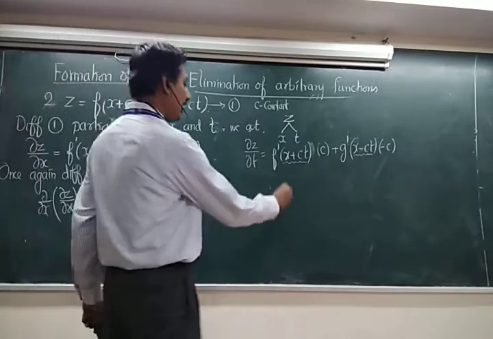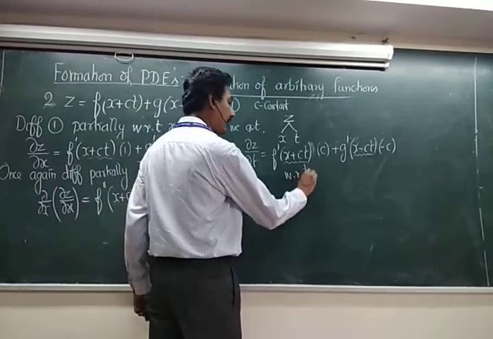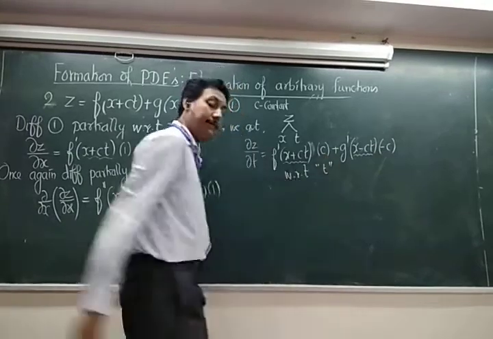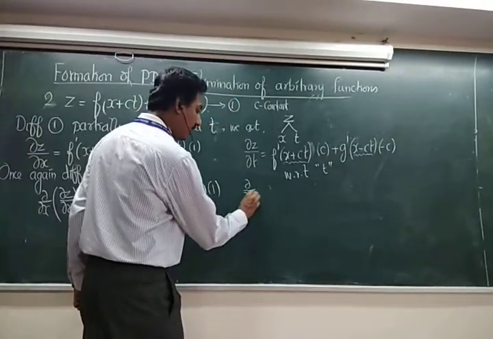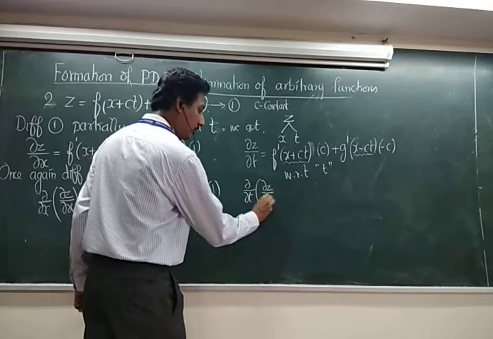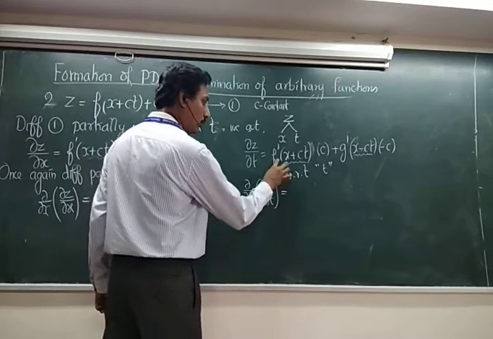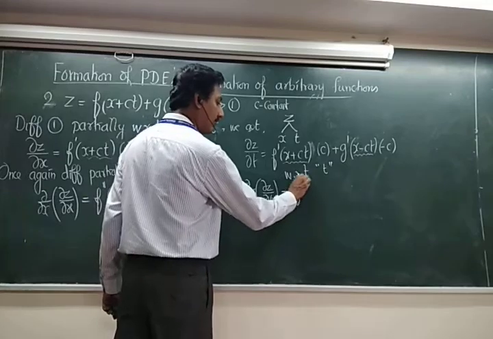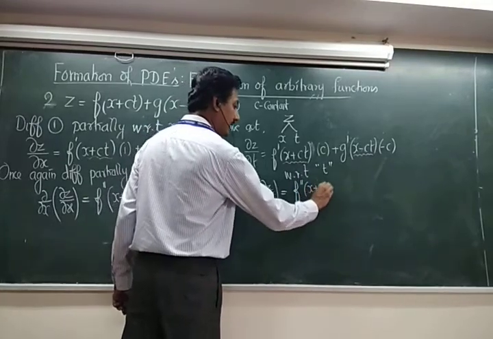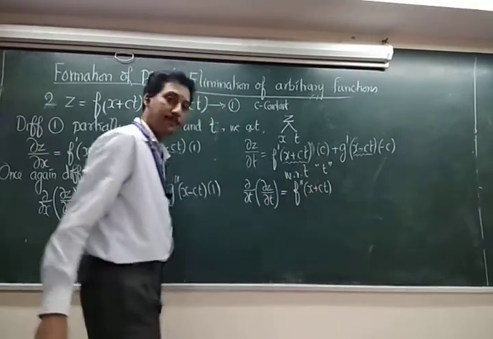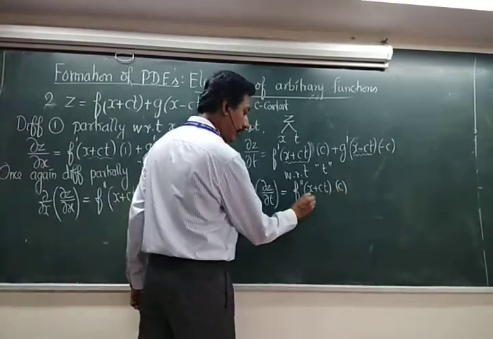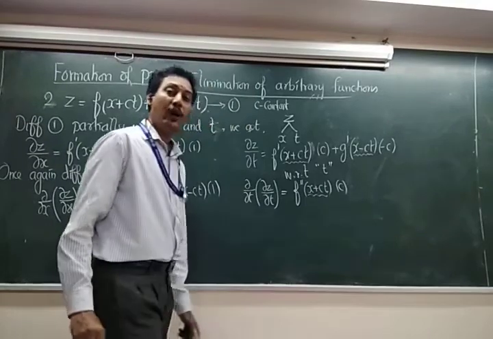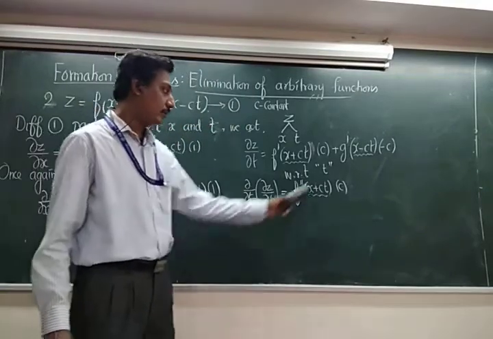This can be differentiated partially with respect to t. Second time, what we will get? Dou by dou t of dou z by dou t is equal to f double dash of x plus ct. Already one c was there, right? What about the derivative of x plus ct with respect to t?